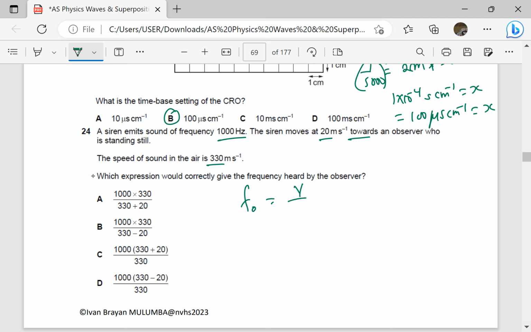So this is v over v minus vs times frequency of the source. So the observed frequency is going to be equal to v, which is 330, times frequency of the source, which is 1000, divided by 330 minus 20. So the answer is going to be B.